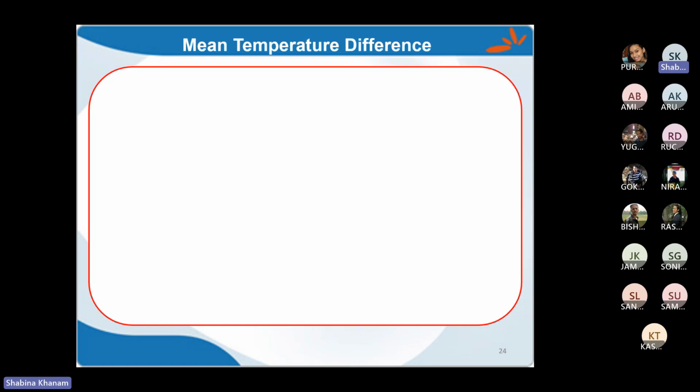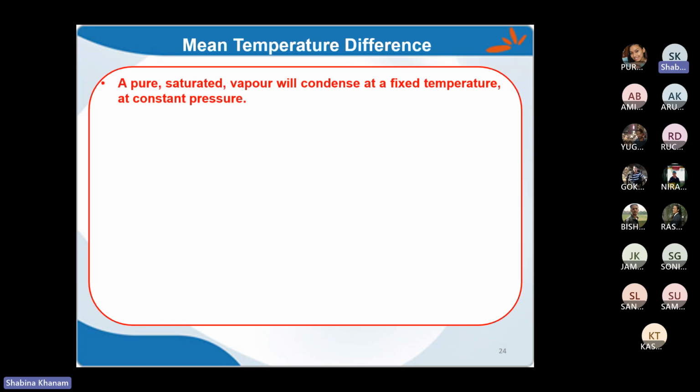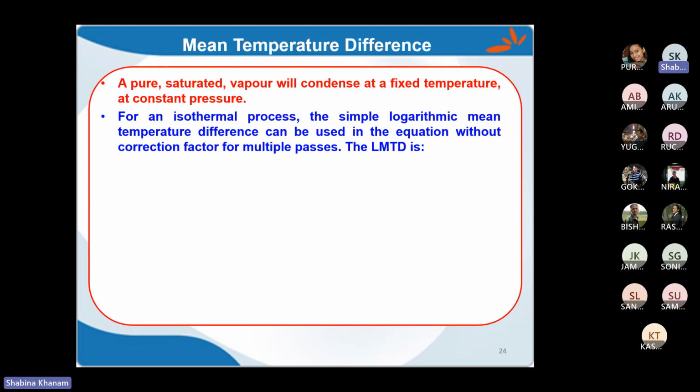Okay, so here you can have the mean temperature difference in different ways depending upon the condition. And what is that condition? If I'm considering pure vapor, let's say steam, which has a fixed temperature of condensation at constant pressure, that is basically an isothermal condition.